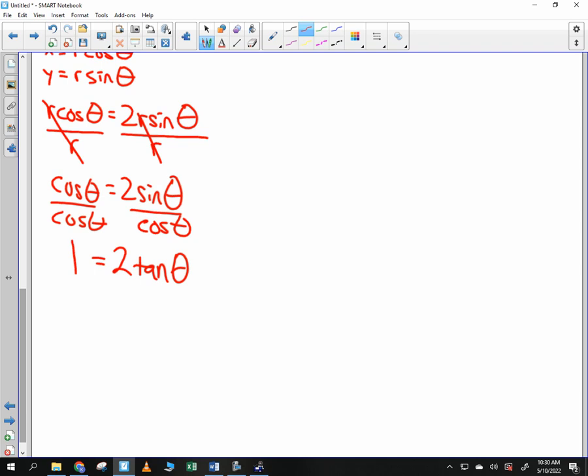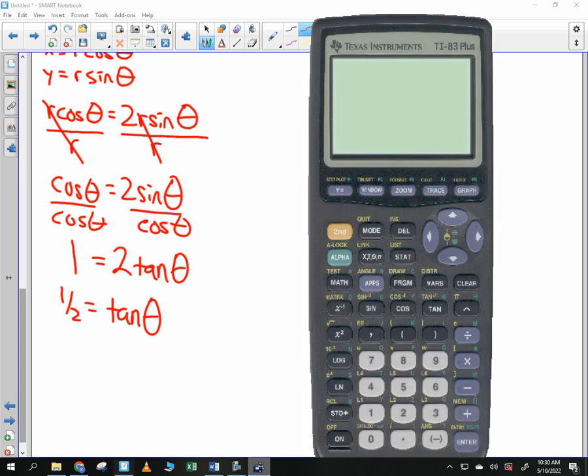Again, I want to solve for theta. What should I do to both sides? So 1/2 is equal to the tangent of theta. And what could I do then to find theta? Inverse tangent.